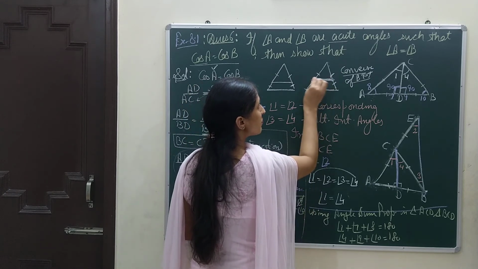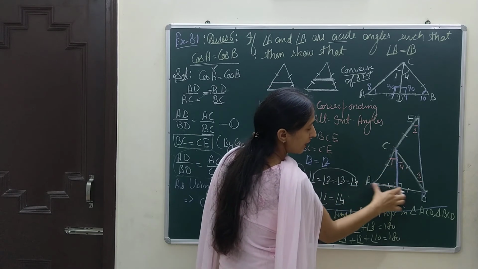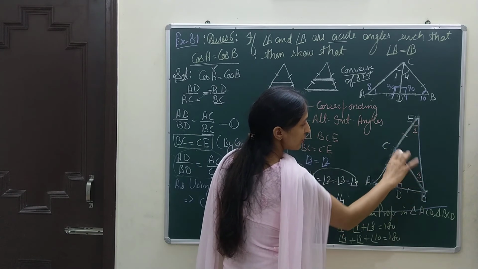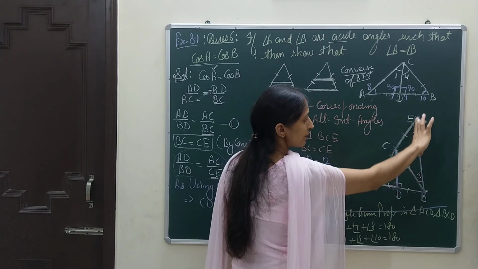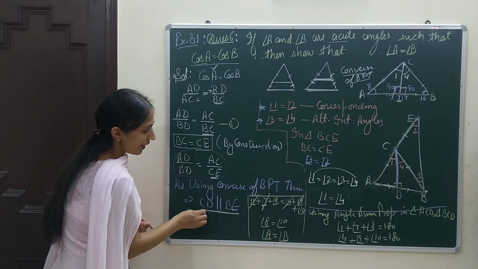Here the line which divides one side and another side in the same ratio is CD. So CD is parallel to BE.